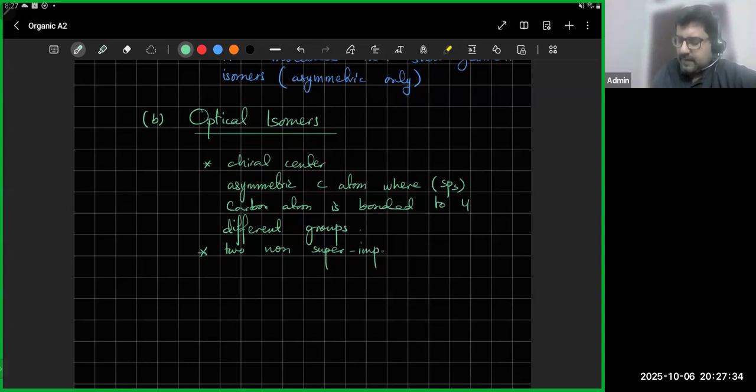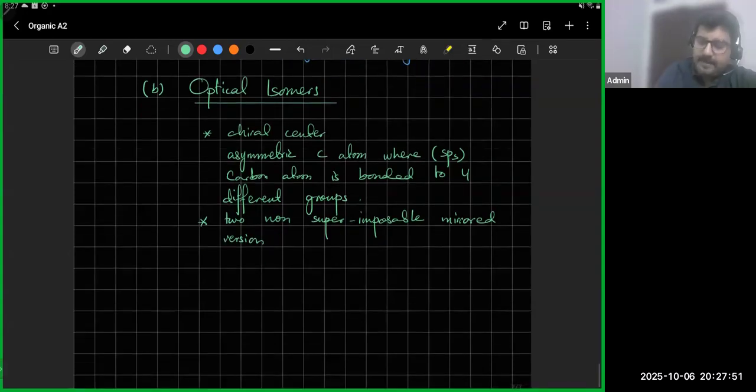Just like your left hand and right hand, they look the same, but they are not exactly the same. No matter how you rotate it, your left hand is not going to look like your right hand.